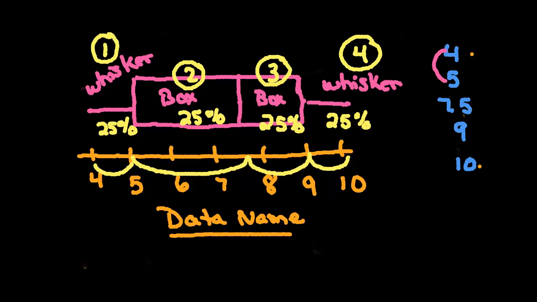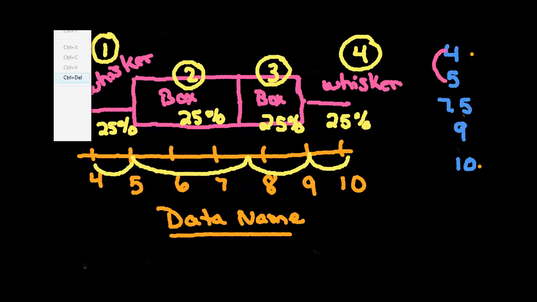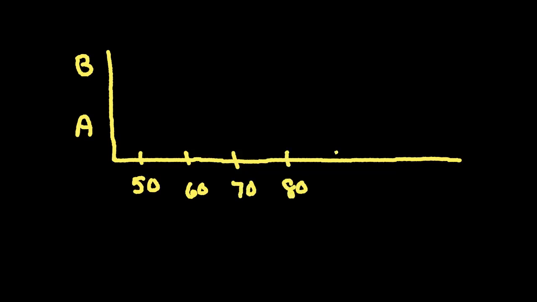Let's talk about it with a real world example, and that will help make more sense. So let's take a look at some class grades and pretend we have 2 different classes. This was students from class A and students from class B. And I'm going to make my scale go by tens, 50, 60, 70, 80, 90, and 100.